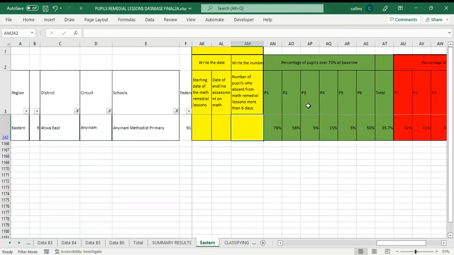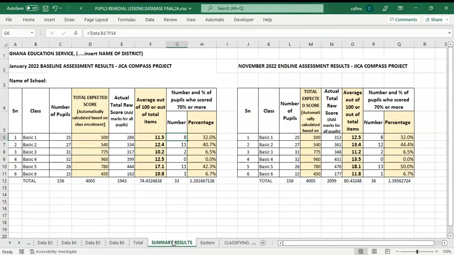Then remember, we move on to percentage of pupils who score over 70% at baseline. Here, there's no need to enter any figure or number here. The system will automatically get them for you. Remember, 76, 58, 5, 15%, 5%, and it will be similar to what you have here during your baseline if all the information you key in was correct.